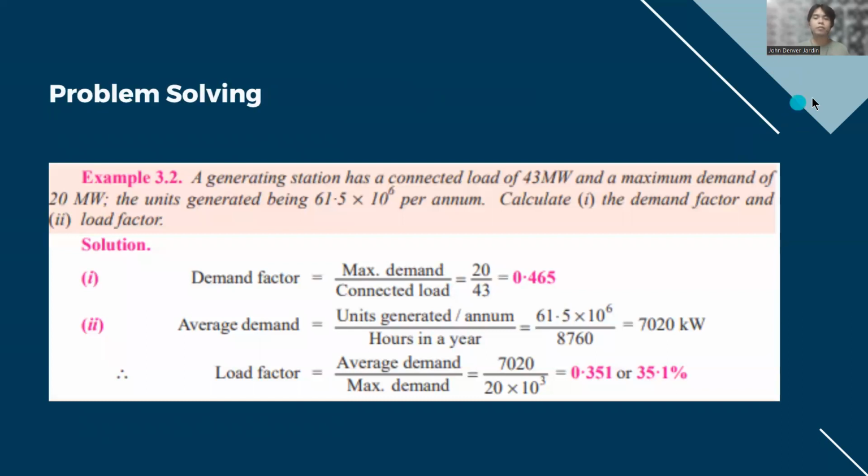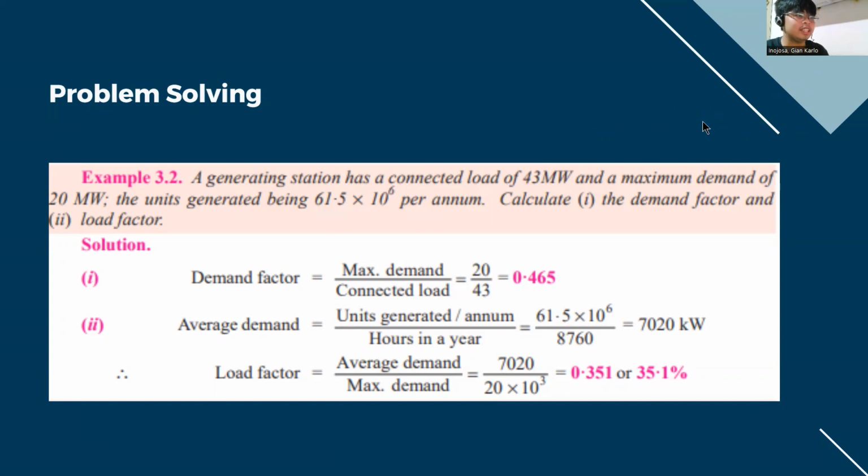Problem solving. Okay, so for our problem solving number 1, a generating station has a connected load of 43 megawatts and a maximum demand of 20 megawatts. The units generated are 61.5 times 10 raised to 6 per annum. Calculate the demand factor and the load factor.